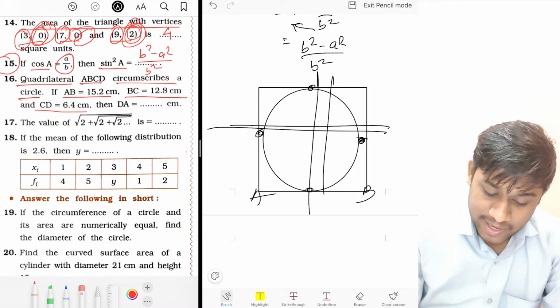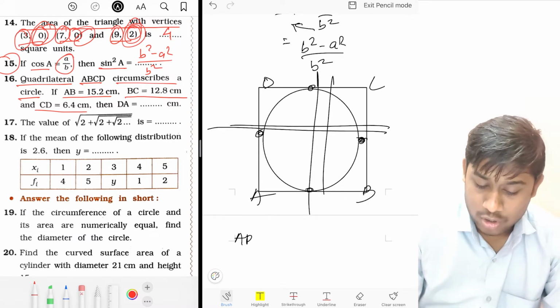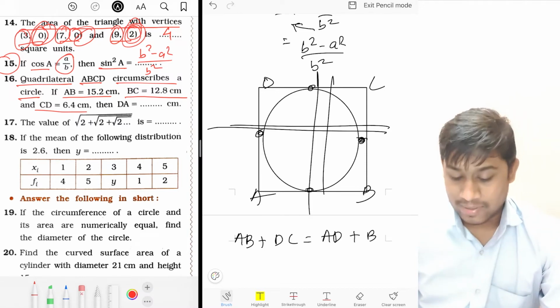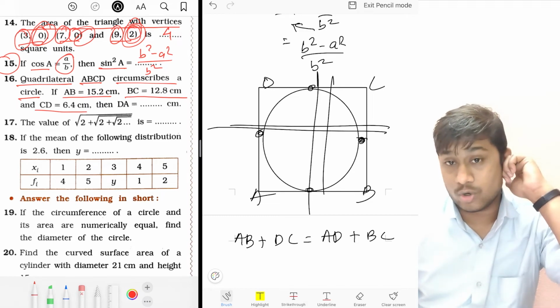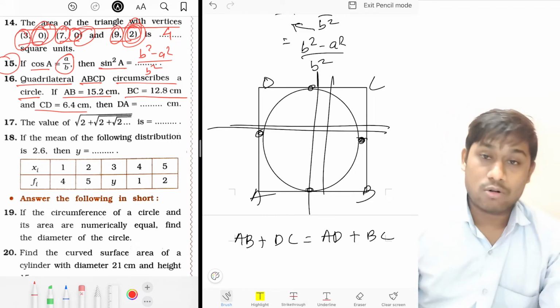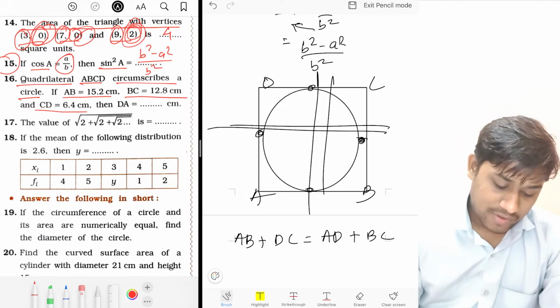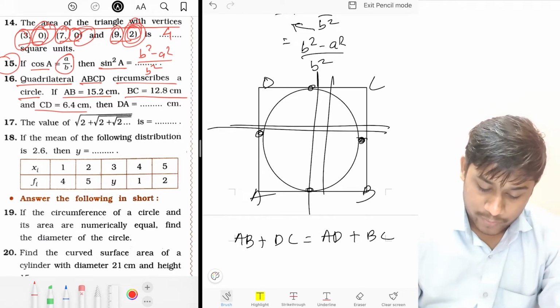Yes, absolutely, I am using that. A, B, C, D. If you see, AB plus DC will become equal to AD plus BC. This is question number 8 from chapter number 10, exercise 10.2 of the NCERT textbook. There you have to prove it, here we are going to apply it.